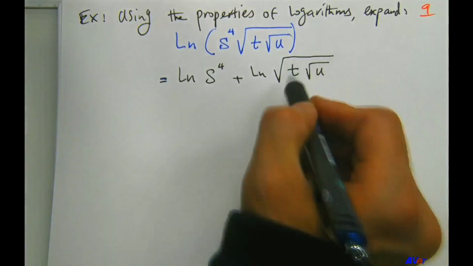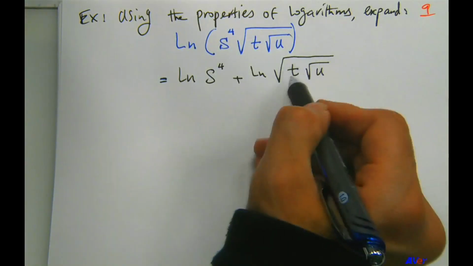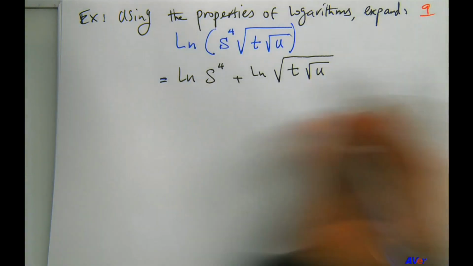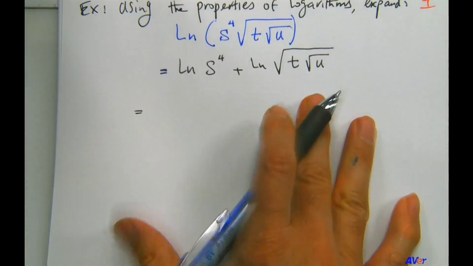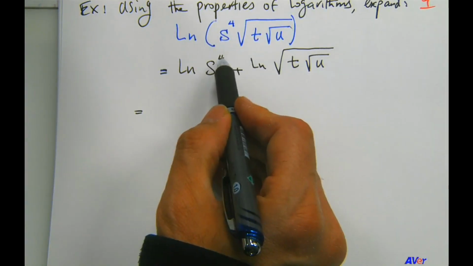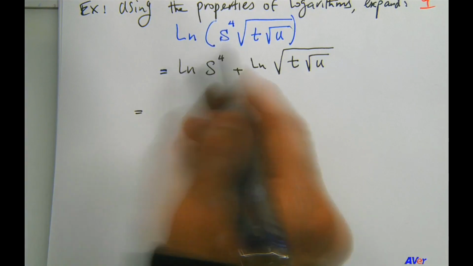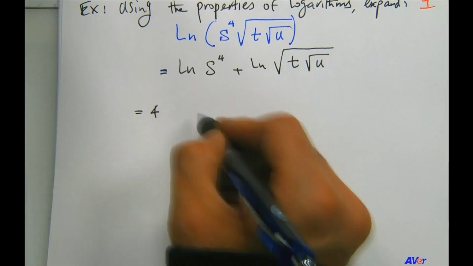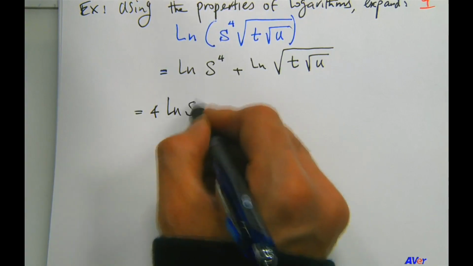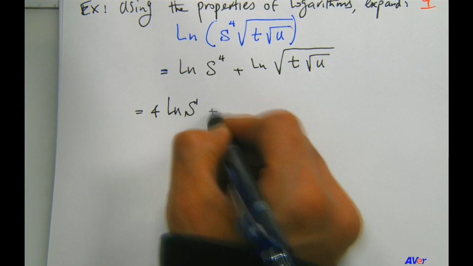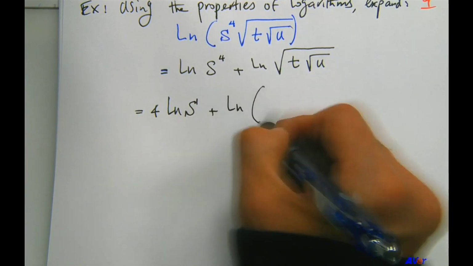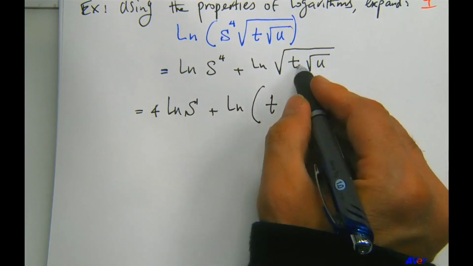So let's rewrite these with rational exponents, or in that form. Meanwhile, we can use those properties to bring this 4 to the front, and down. So 4 times natural log of s plus natural log of t, right?